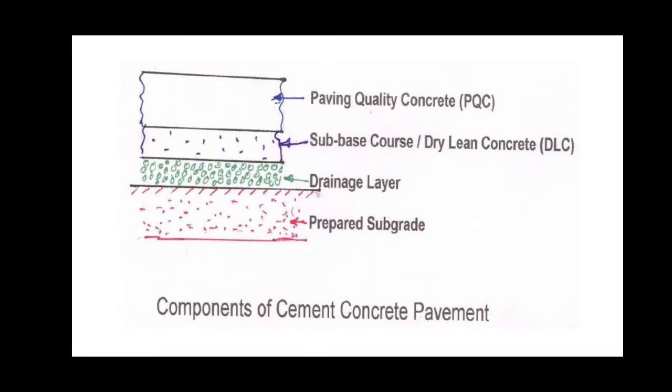If you see the cross section, we can see the components of the cement concrete pavement with the prepared subgrade at the bottom, followed by the drainage layer in order to drain out the water, beneath the subbase course, which is also called the dry lean concrete, the DLC, and followed at the top by the paving quality concrete, abbreviated as PQC.